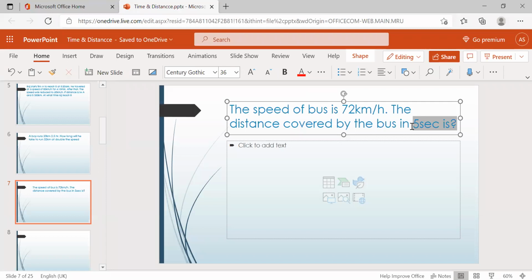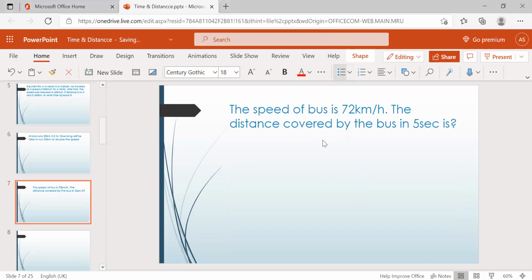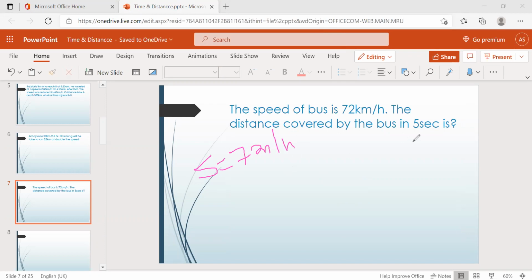See, what are they asking first? What is the given data here? Just the speed, 72 kilometer per hour. And they're asking directly for the distance in 5 seconds.